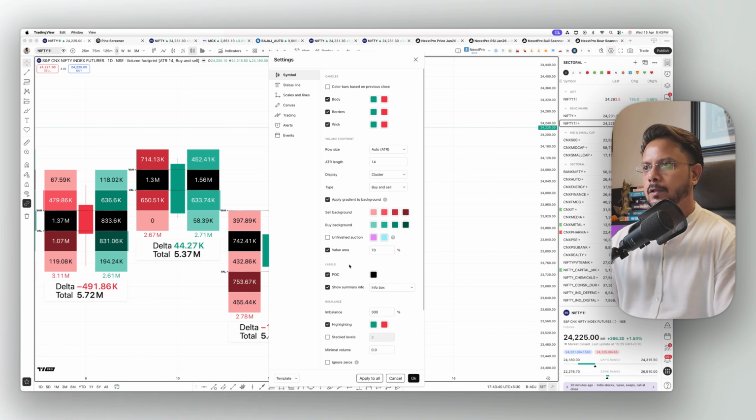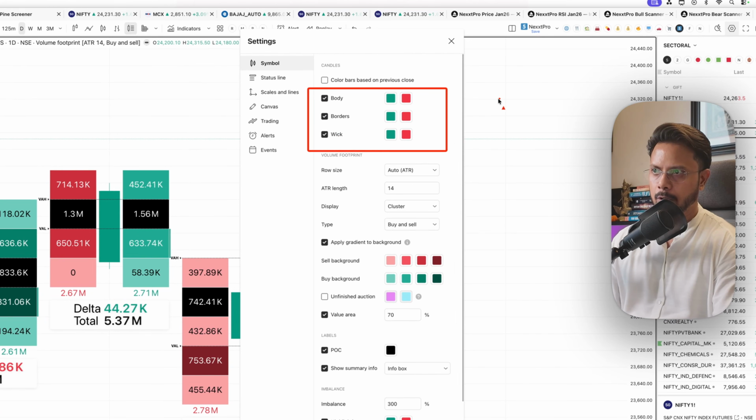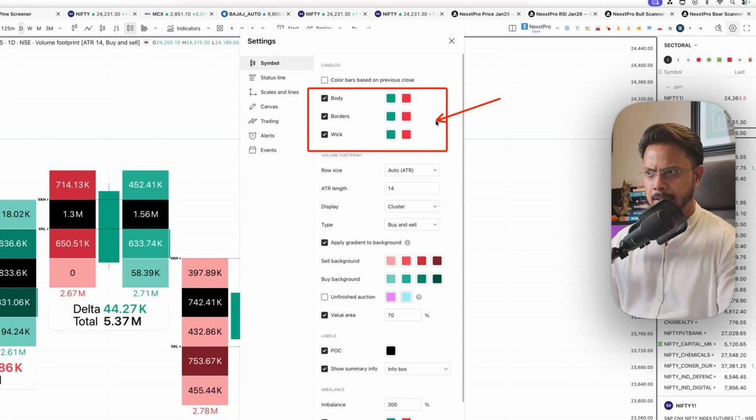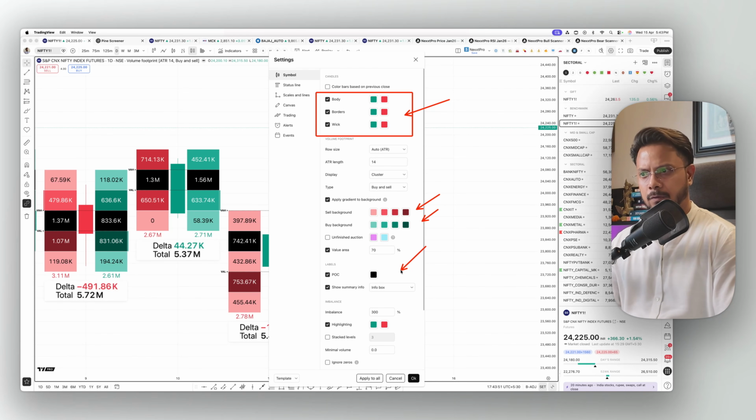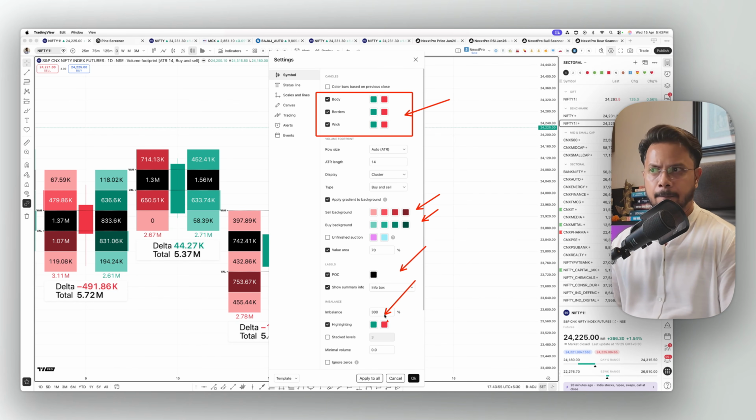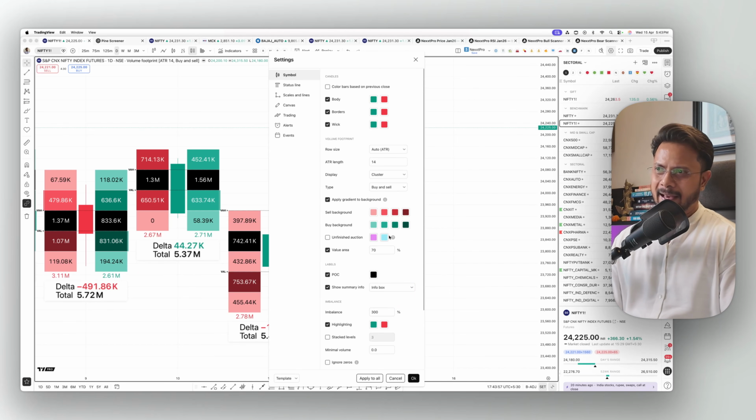So, first and foremost, starting with this section, which is the body, borders, and wick. Please understand, a footprint chart is anyway colorful. There is scope for adding lots of colors to a footprint chart, and I'm not a guy for too many colors, to be honest. I do not want my candles also to be green and red.